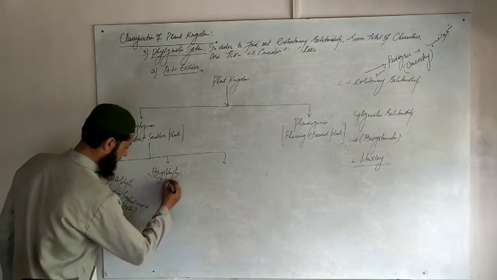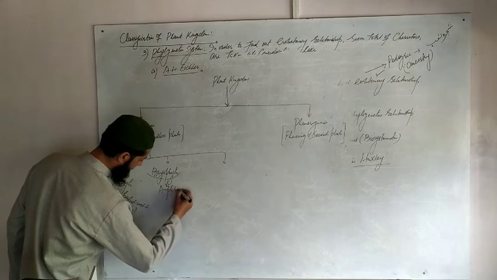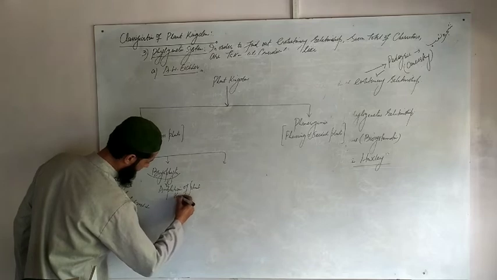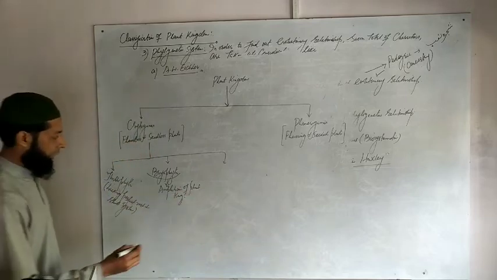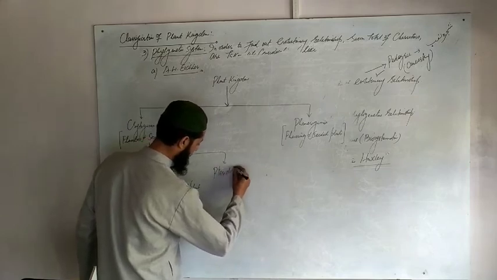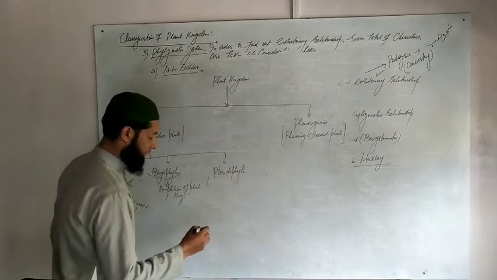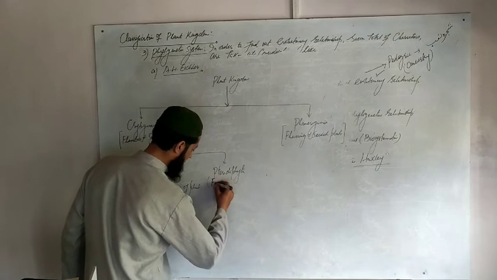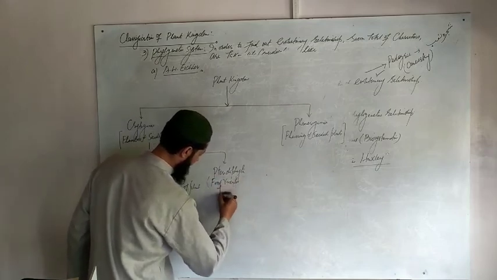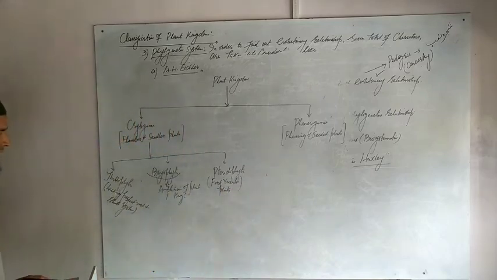We call them amphibians of plant kingdom. And third group you have is pteridophyta, the first vascular plants on land.